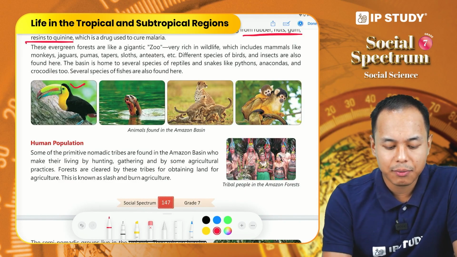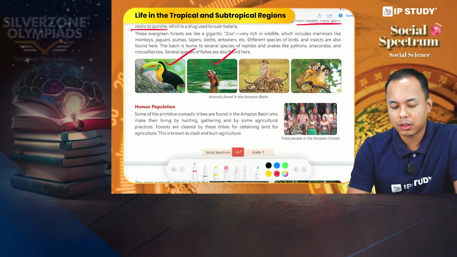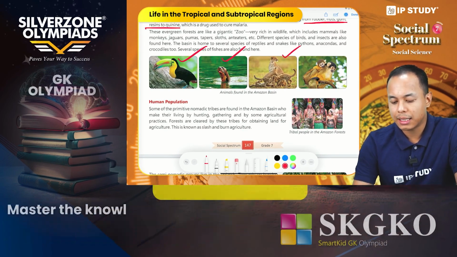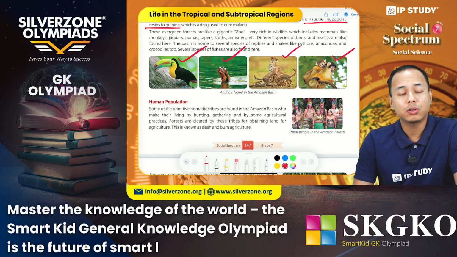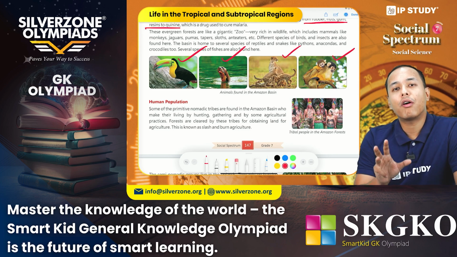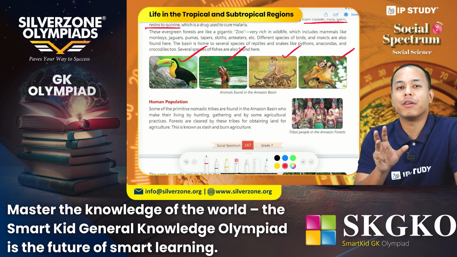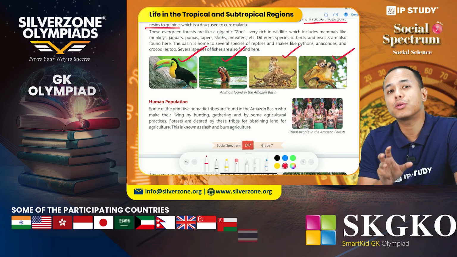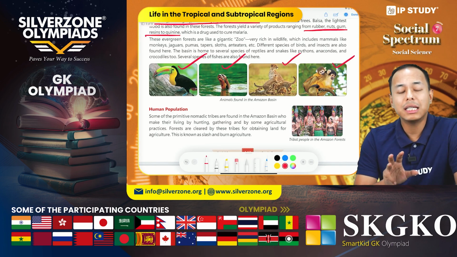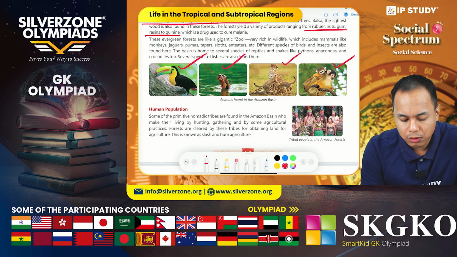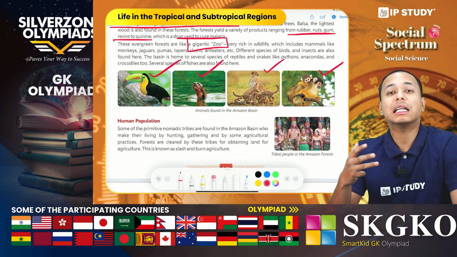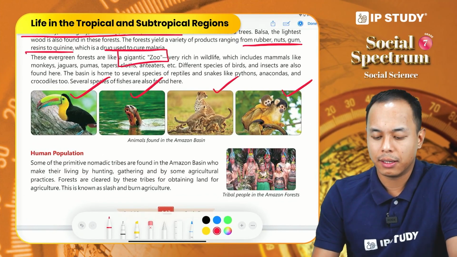As we can see here in the picture, this is toucan, this is river otter, this is jaguar, and this is howler monkeys. So Amazon forest is not only rich in vegetation or flora, but it is also rich in wildlife. It is also called a gigantic zoo because of the rich wildlife living there.